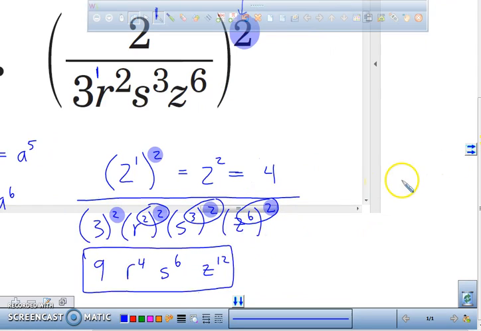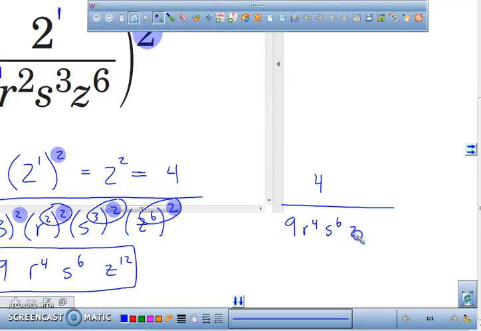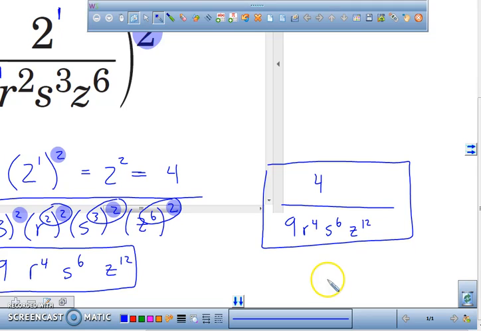Here's our final answer: 4 over 9 r to the 4th, s to the 6th, z to the 12th. There are no negative exponents, and all the parentheses are now gone.